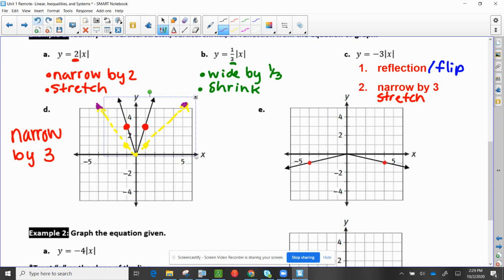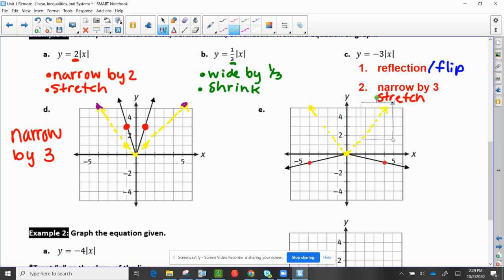All right, let's look at E. So E is the graph, and we can visually tell what's happening. But again, if this was the parent function, oops, I should do it this way. My parent function starts at the origin and opens up by a factor of 1 on each side, like this.